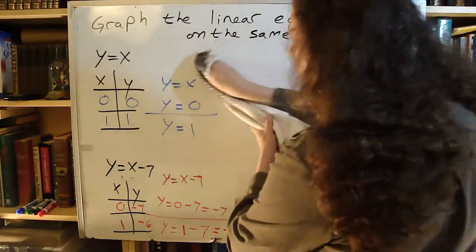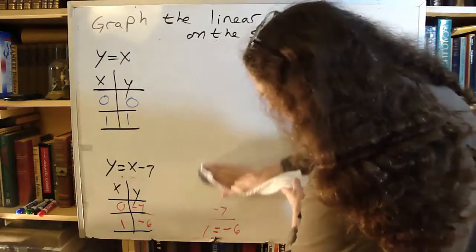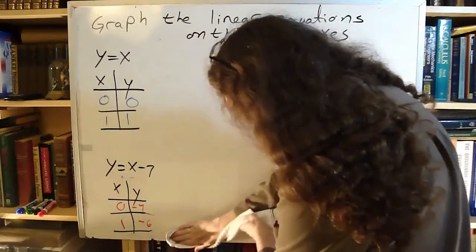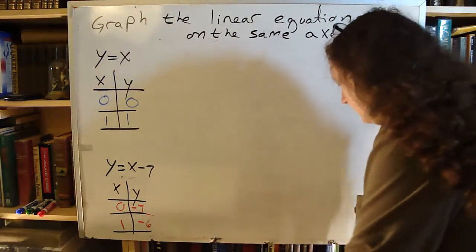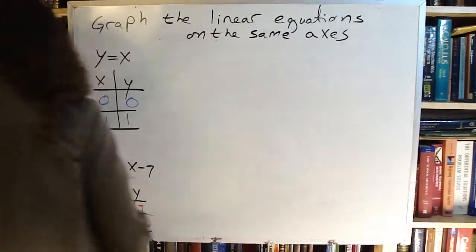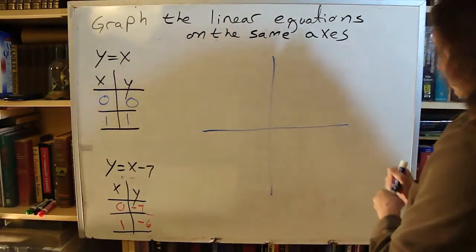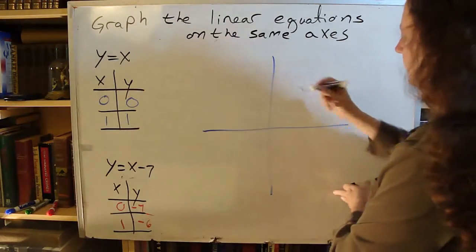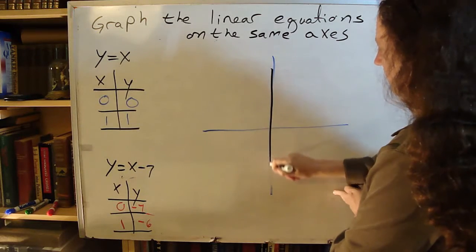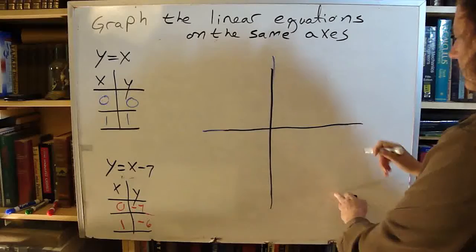Make room for my graph. Can barely see that. Let's use a different color to make it darker. That's better.